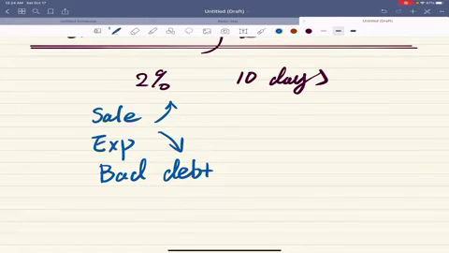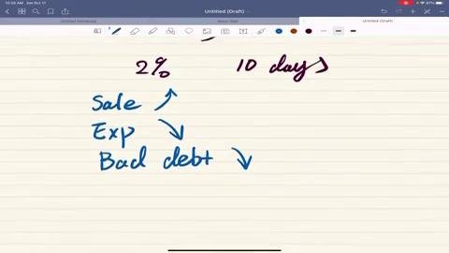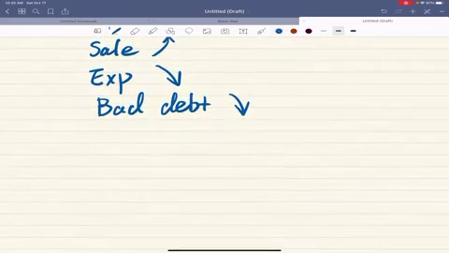Bad debt is the portion that is uncollectible. When you're doing business, you will see that some portion of credit sales can never be received. So this is bad debt, maybe 4% or maybe 5%. You need to know this from the historical data.